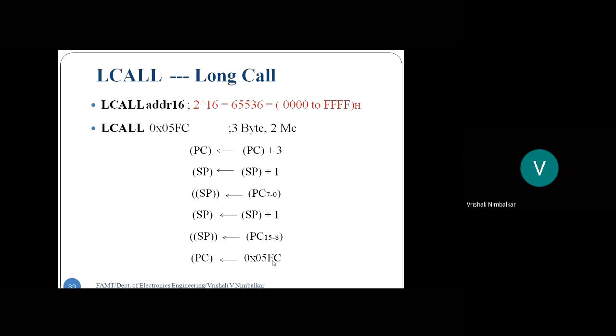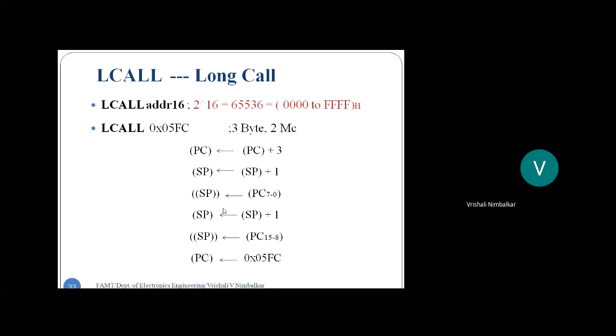So 05FC is the 16-bit subroutine address, correct? That gets loaded in the program counter. Okay, so that is the sequence of operations that happen internally inside the microcontroller while executing the long call instruction. Okay, hope you all get me, students.